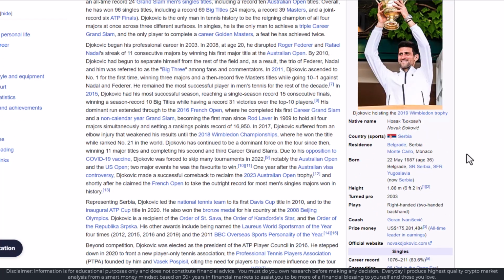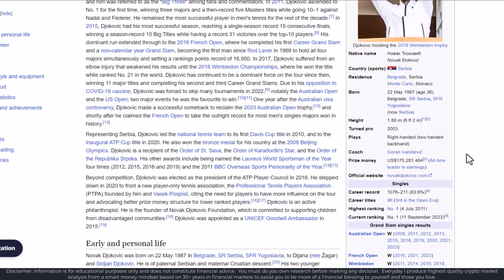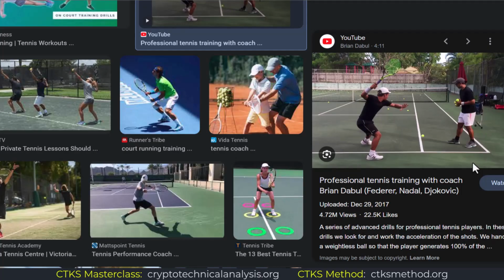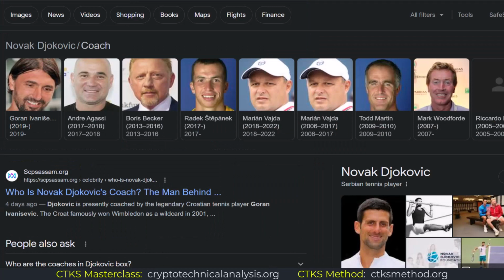Djokovic is the number one tennis player in the world. His prize money, all-time leader in earnings, is in excess of $175 million US. People know that champions need to train. Champions work hard, they train hard, and they have the best coaches.